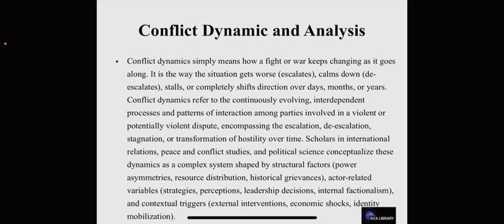Scholars in international relations, peace and conflict studies, and political science all conceptualize these dynamics as a complex system shaped by structural factors, which could be power asymmetries, resource distribution, and historical grievances, and also actor-related variables.